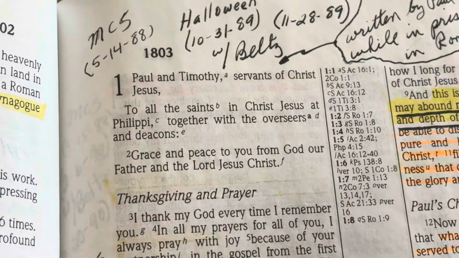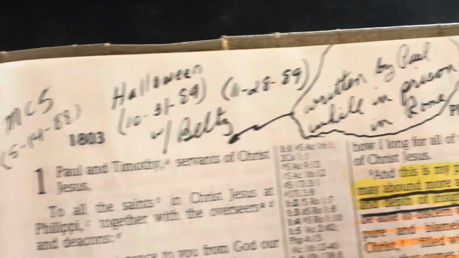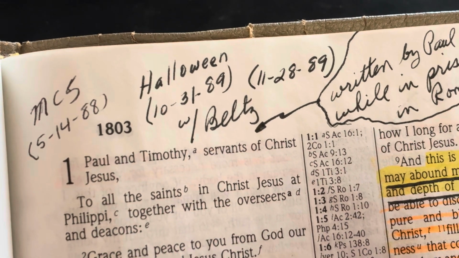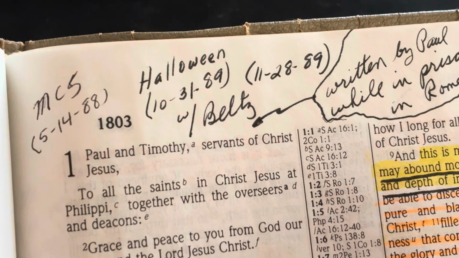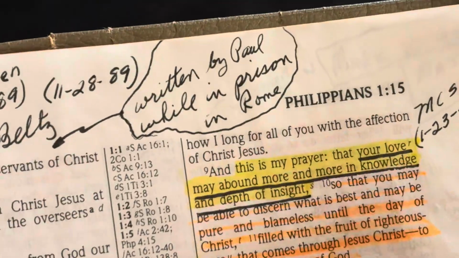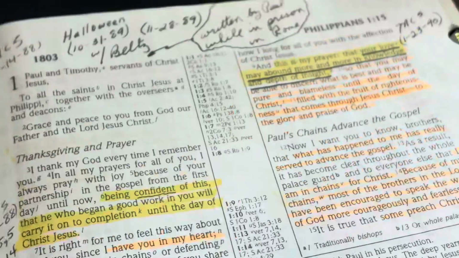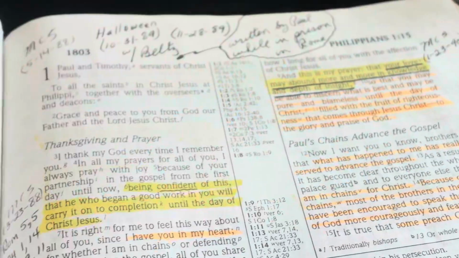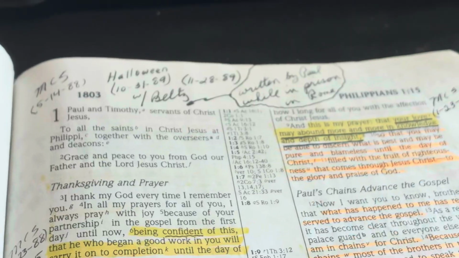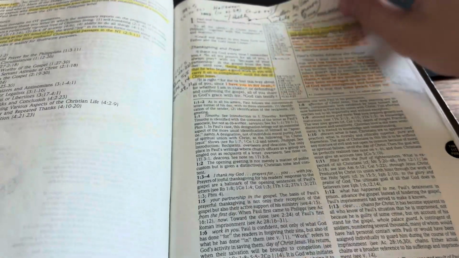Okay, so I'm guessing this is the same note right here. I think. I'm not too sure. But he talks about the book of Philippians being written by Paul while he was in prison in Rome. So there's that.